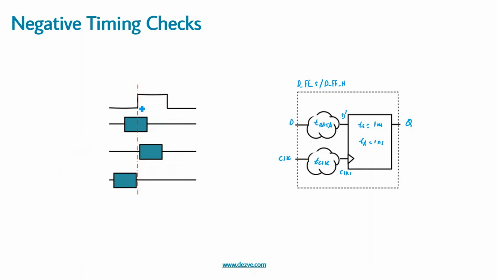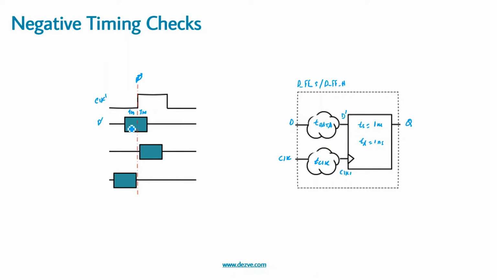Now, we know that this particular circuit was clock prime, D prime, correct? And this was 1 ns, 1 ns. Don't forget about the scaling of this.